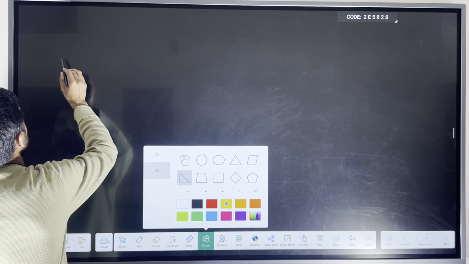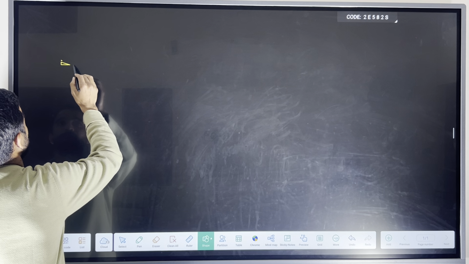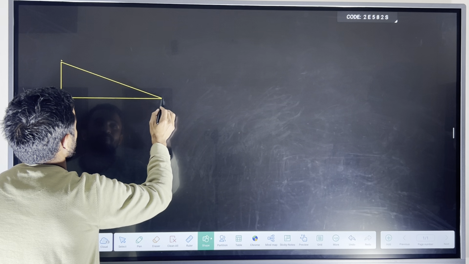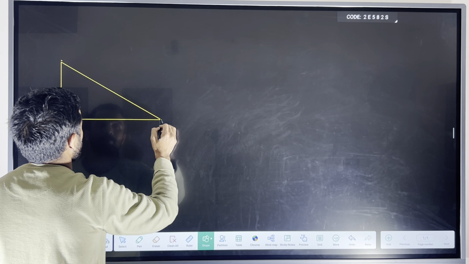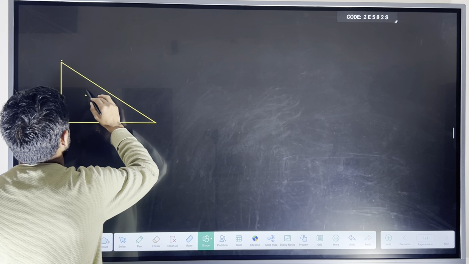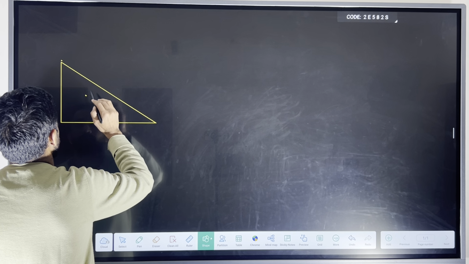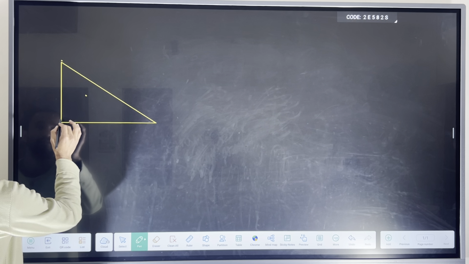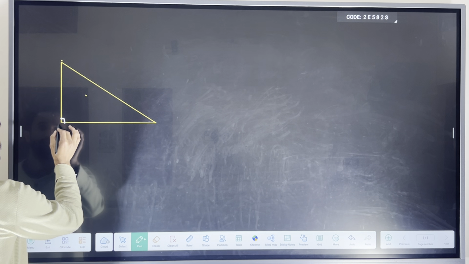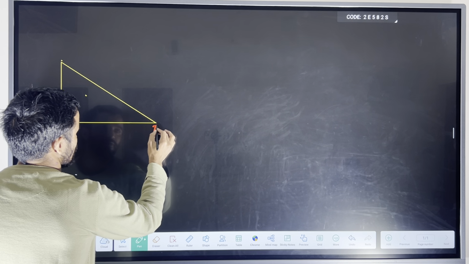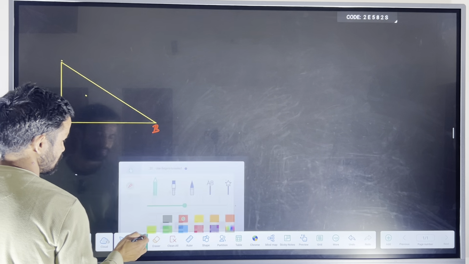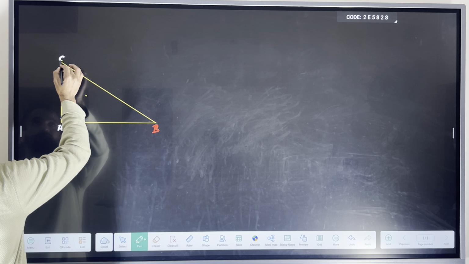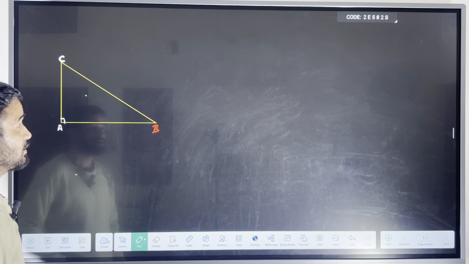Suppose here, this is the right angle. This is A, B, and C. ABC is a right angle triangle.